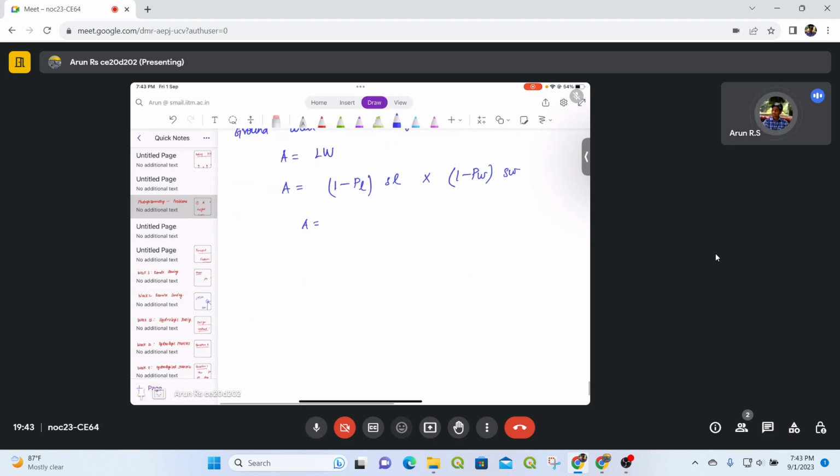So that will be A is equal to 1 minus PL into 1 minus PW into S square into LW. So now, the number of photographs required.